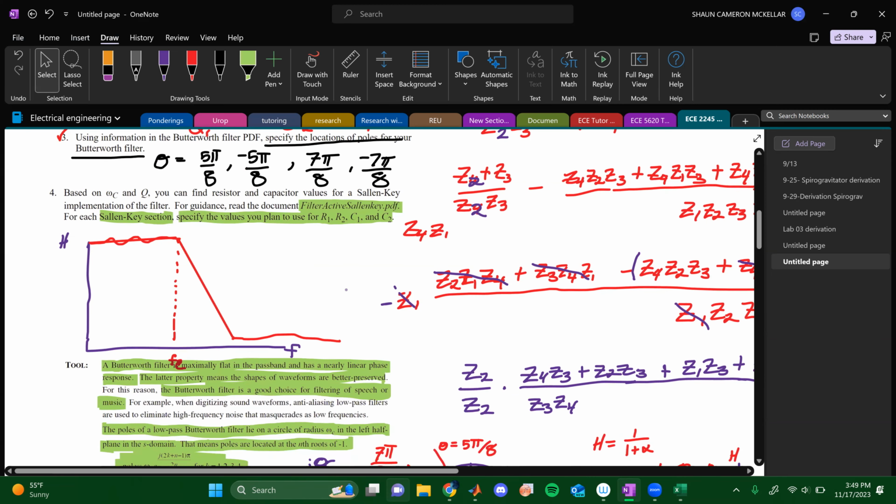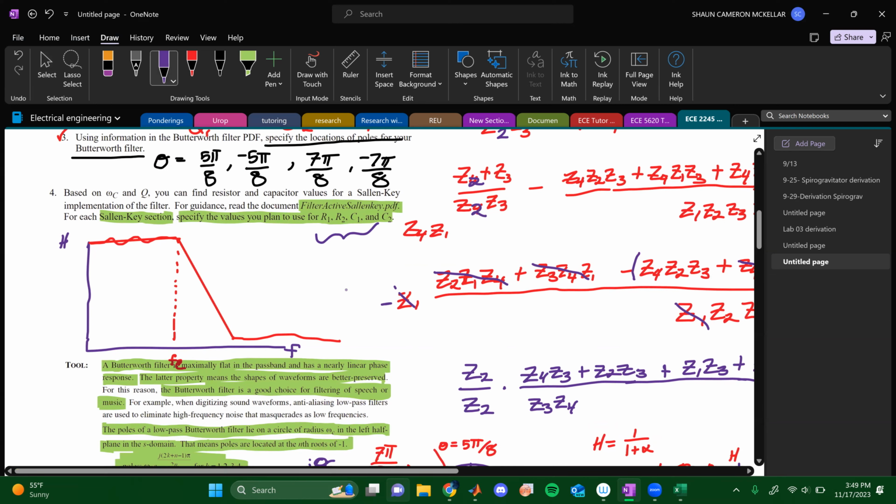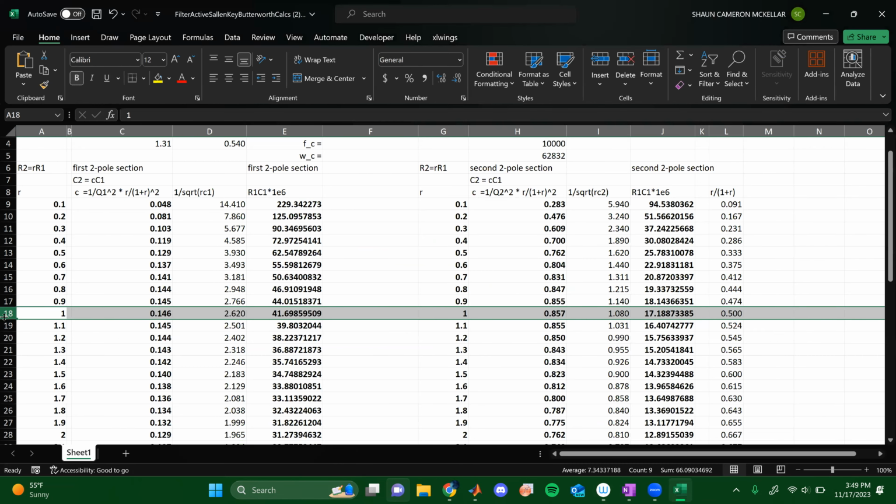So I've shown you how to use those tables to find these component values. You need to do it for Q1 and for Q2. And I'll let you all do that on your own so that you can use this table in whichever way you like.